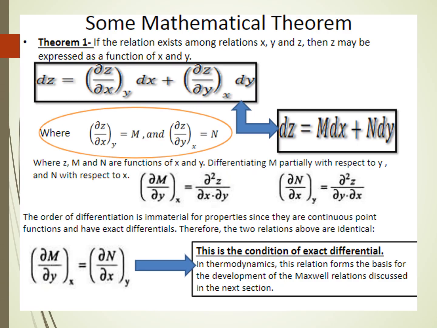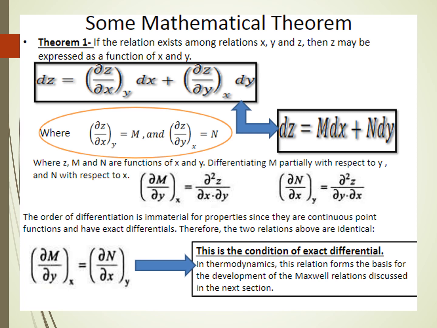Coming to the mathematical theorem. Here we are going to see the mathematical theorems used for the fundamental property relation and Maxwell relations. The first theorem says what is a canonical variable.